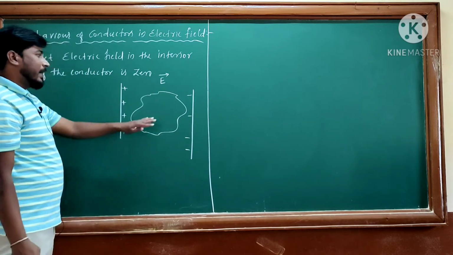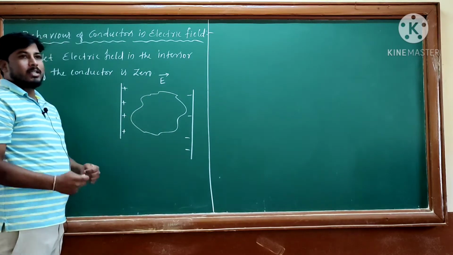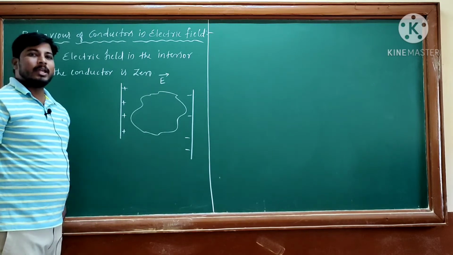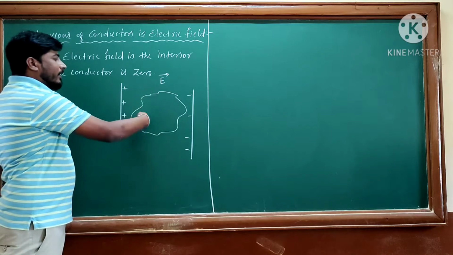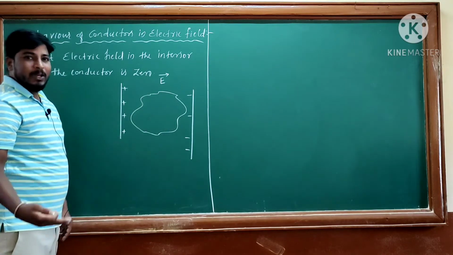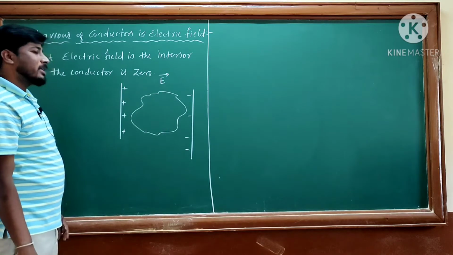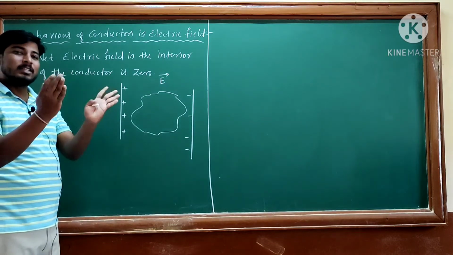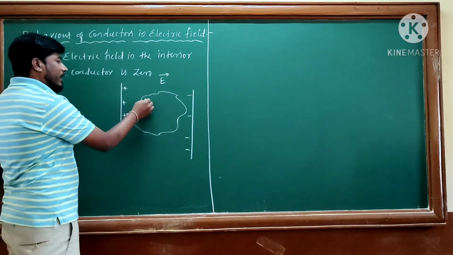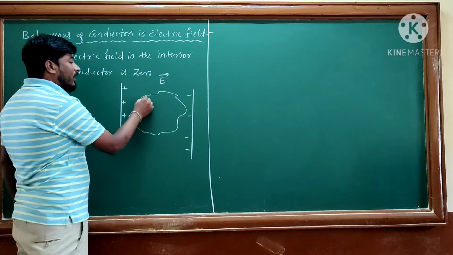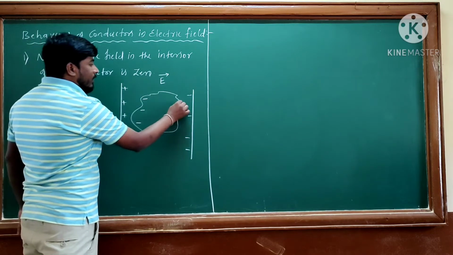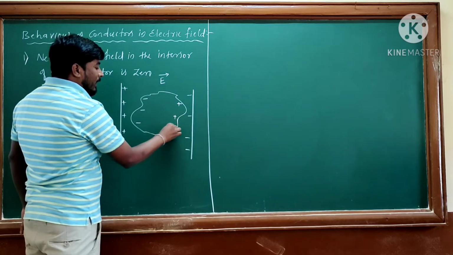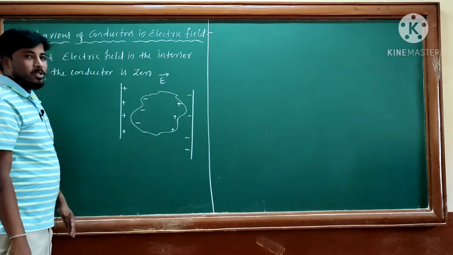Then what happens? Inside the conductor, the charges get accelerated with their opposite kind of charges. We know that in the conductor there are positive and negative charges. These positive charges and negative charges get separated. On one side of the conductor we get negative charges, and on the other end of the conductor we get the positive charges.